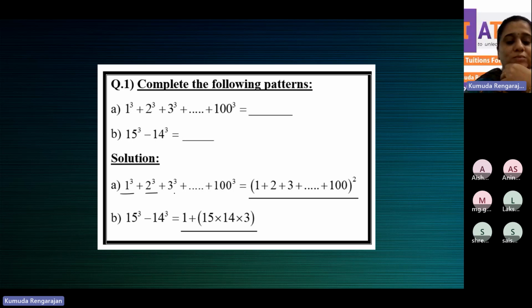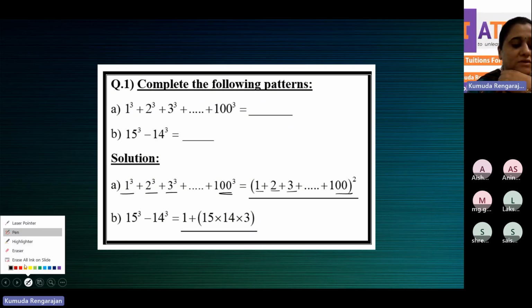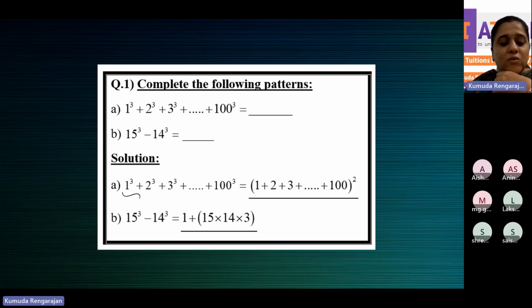So 1 cubed plus 2 cubed plus 3 cubed, so on till 100 cubed can be written as 1 plus 2 plus 3, so on up to 100, the whole square. The results will be the same. The value of this expression is the same as the value of this expression.